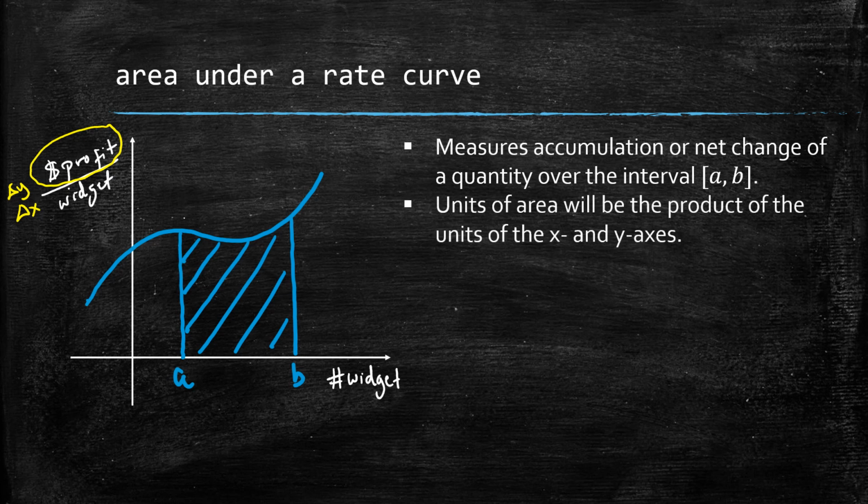And why is that the case? Because the units of area will be the product of the units of the x and y axis, because area is basically just length times width. So if you multiply this whole thing by number of widgets, the widgets cancel out, and we're left with dollars of profit.